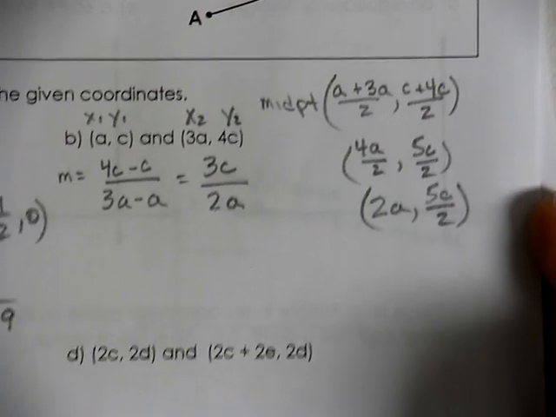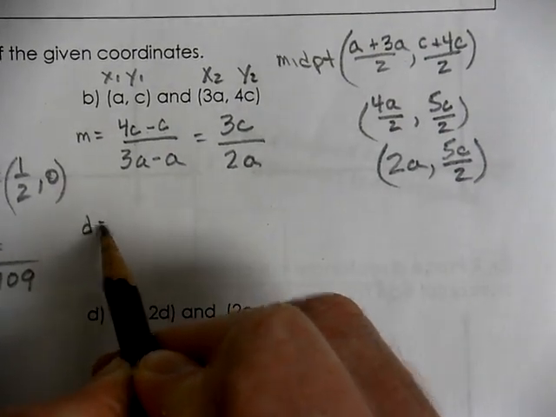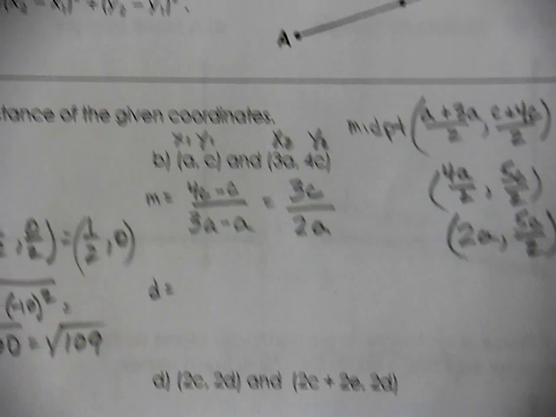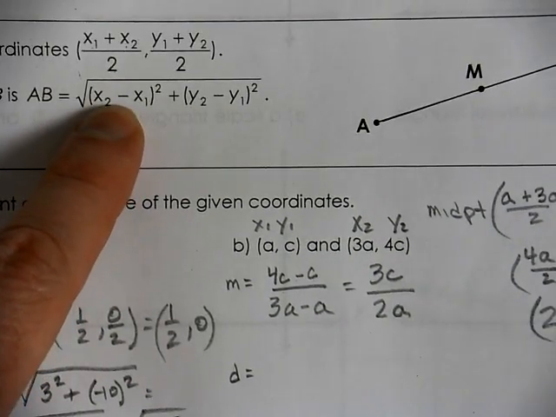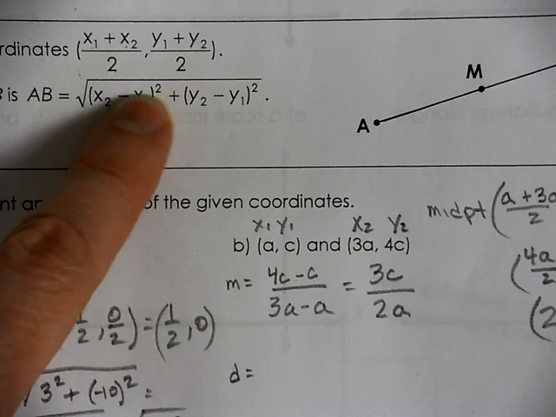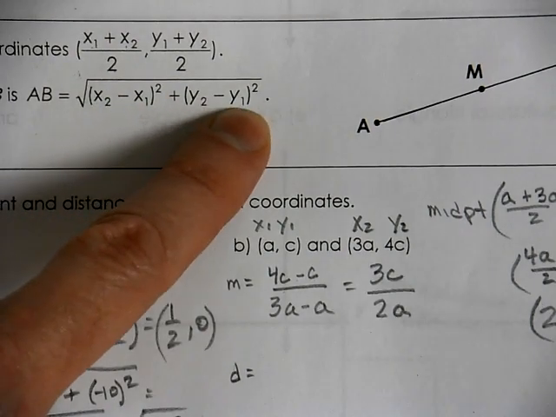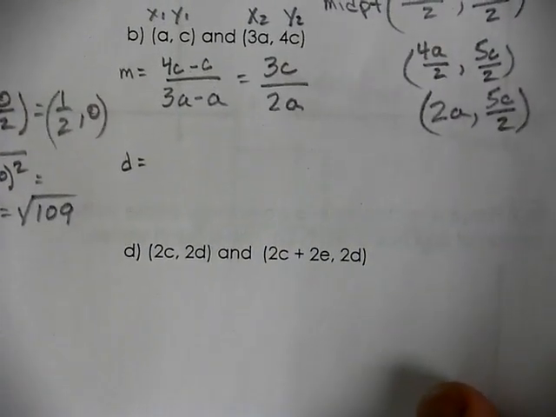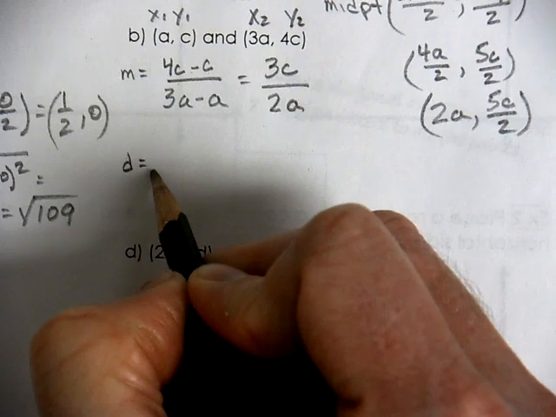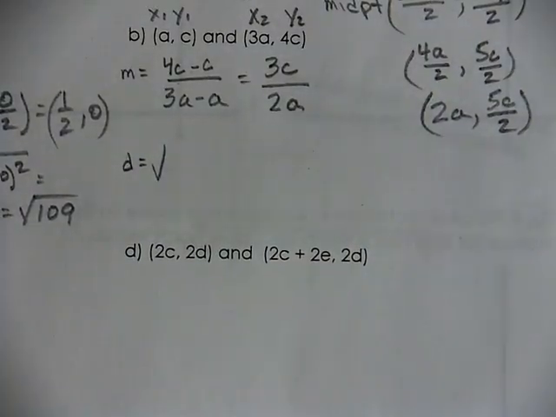Then we have our distance formula. Using our formula from above, we see that we are going to take x2 minus x1 and square that quantity, plus y2 minus y1 and square that quantity. So I make my little check mark first.